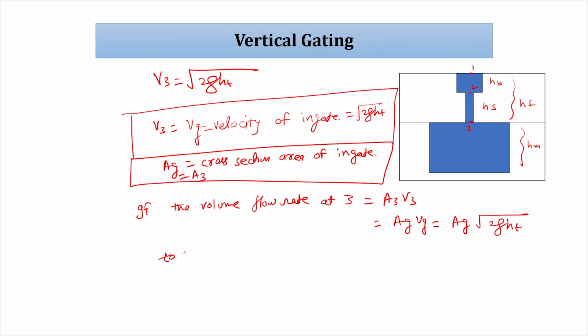To fill the mold volume V, the time needed by the ingate is Tf.